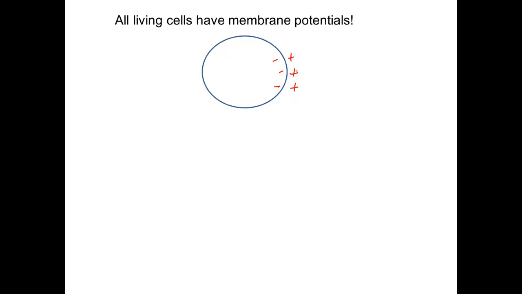Different cells are going to have different values for the resting membrane potentials. For neurons, a nice average value is somewhere around negative 75 millivolts. So again, that's the inside relative to the outside.